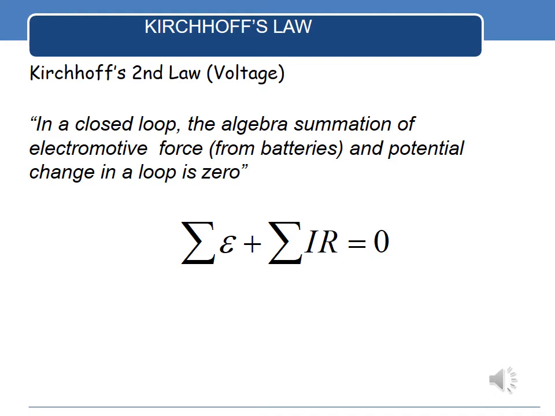We formulate this second law as sigma E plus sigma IR equals 0. Or, in a closed loop, the algebraic summation of the electromotive force from the batteries and the potential change in the loop is 0.